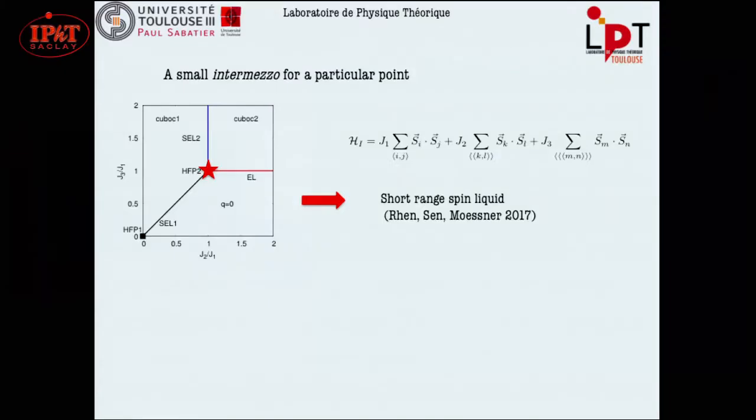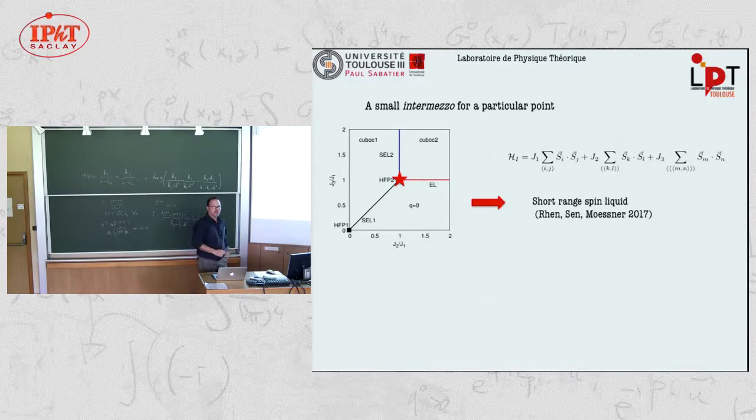There is another point which is particularly interesting, and I'm going to do a small intermezzo on this point, although it's kind of out of the subject of what I'm going to say later, but just because this is a community of frustrated magnetism. It is this point here, what we call the highly frustrated point number 2, and it has recently been studied by Roderich Moessner's group. It's a very interesting point because it's even more frustrated, more liquid, if you wish.